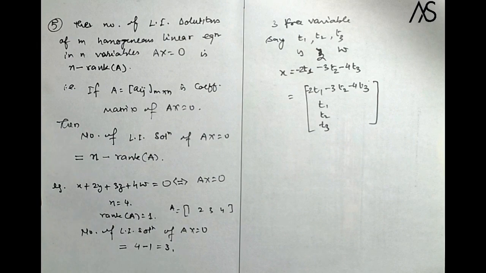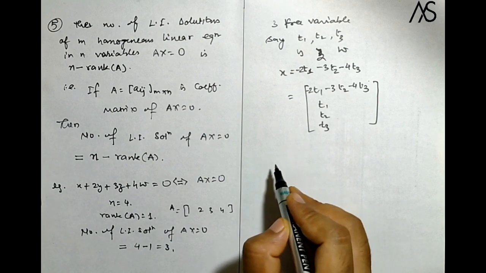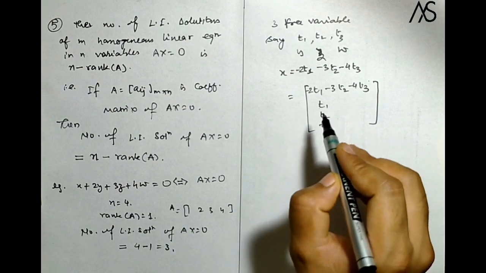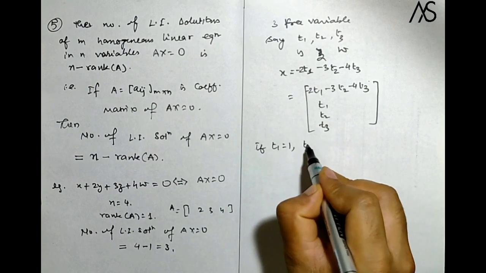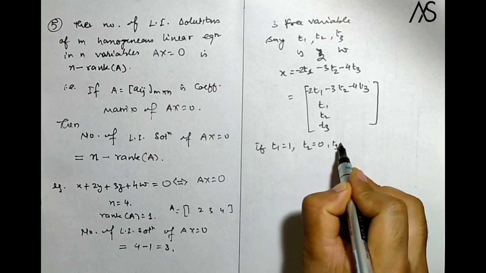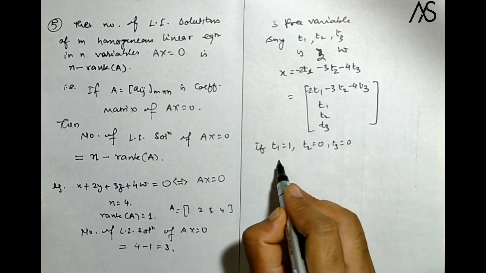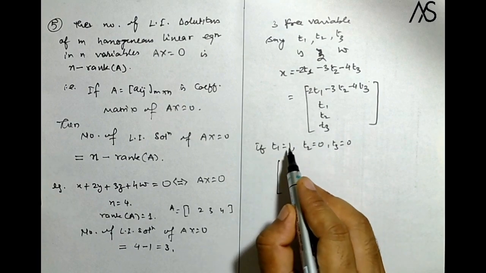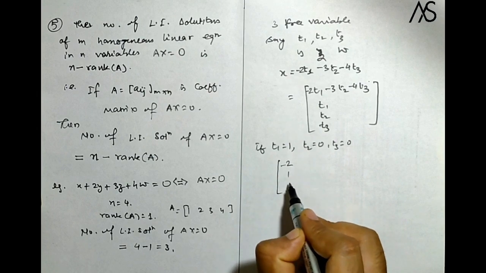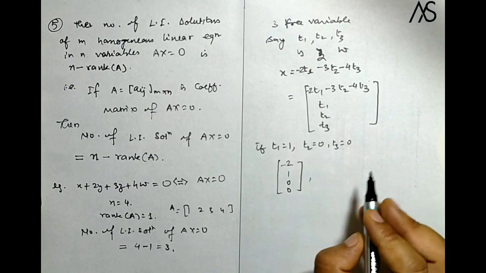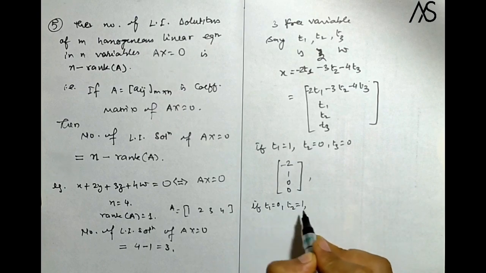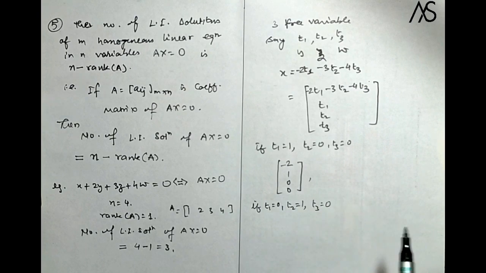अब Li solution हमें फाइंड आउट करना है. तो Li solution के लिए if I choose t1 equals to 1, t2 equals to 0 and t3 equals to 0, I will get here minus 2, 1, 0, 0. If I take t1 equals to 0, अब t2 को 1 रख लेता हूँ, t3 को 0 कर लेता हूँ.